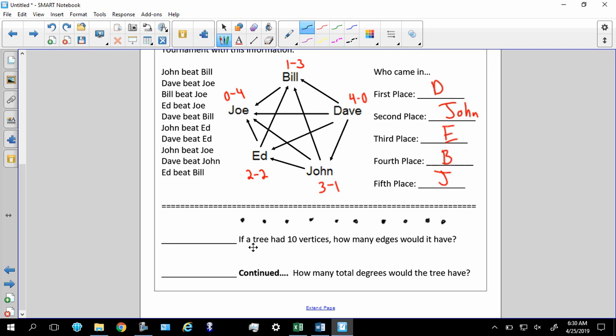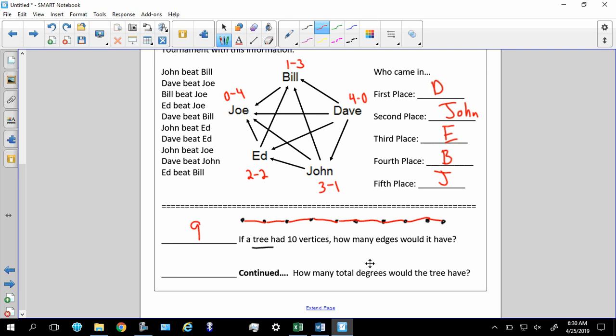Now remember, a tree has no cycles, and everything's connected. So I'm just going to connect them all. 1, 2, 3, 4, 5, 6, 7, 8, and 9. That's 9 edges, sorry.